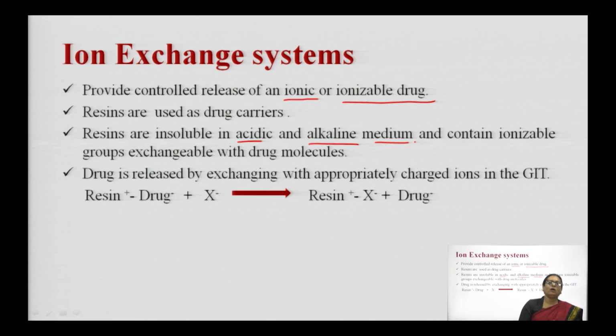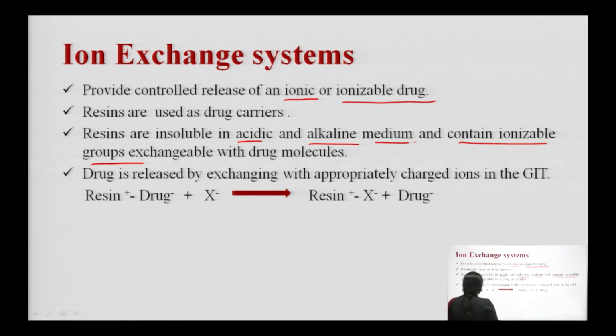It has to encounter the variations in pH throughout the GIT. So, basically resins are being used because they are resistant to acidic and alkaline medium, and secondly, most importantly, they contain ionizable groups on their surface such that these ionizable groups can be exchanged with ionic drug molecules.